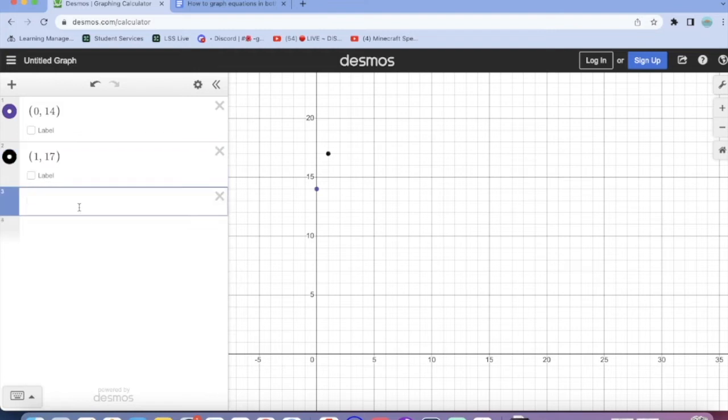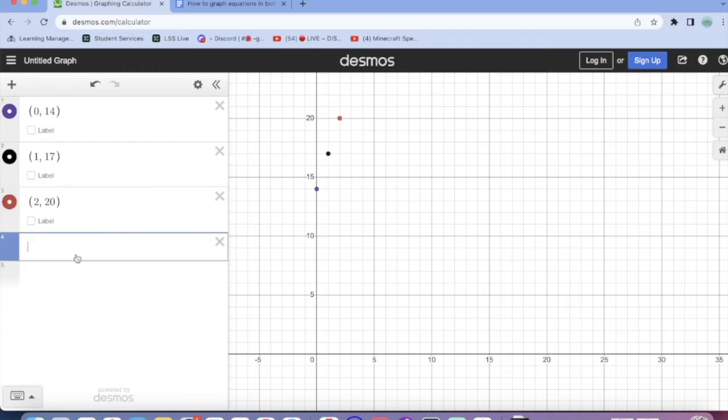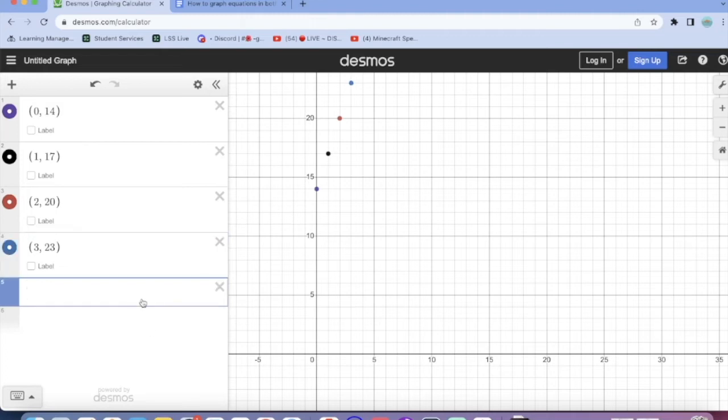And then we can continue going on this trajectory. So if x equals 2, then we get 20 here. If it goes to 3, we'll get 23. If it goes to 4, we will get 26, and so on and so forth.